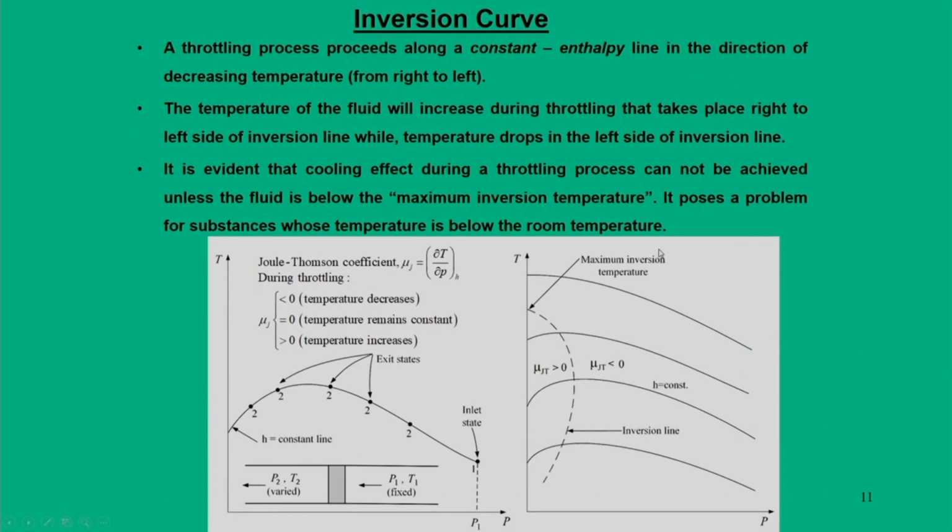Okay. This is another physical interpretation we can say: the throttling process proceeds along the constant enthalpy line in the direction of decreasing pressure, that is right to left. The temperature of the fluid will increase during the throttling process on the right side of the inversion line, while the temperature drops on the left side of the inversion line.